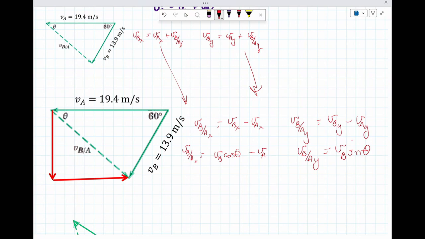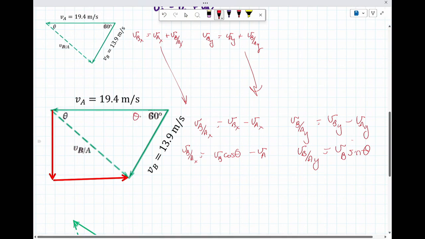Oh, sorry, I'm just wondering if it's for VB cos theta, is it supposed to be 60 degrees or is it? It's 60 degrees. Yeah. Oh no, sorry. It's this.